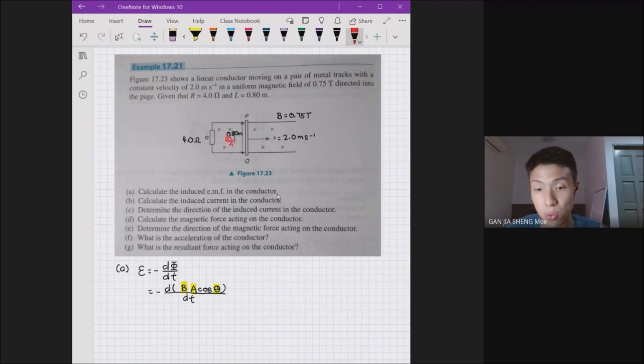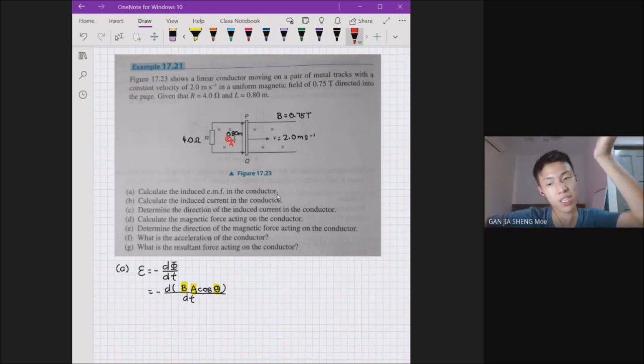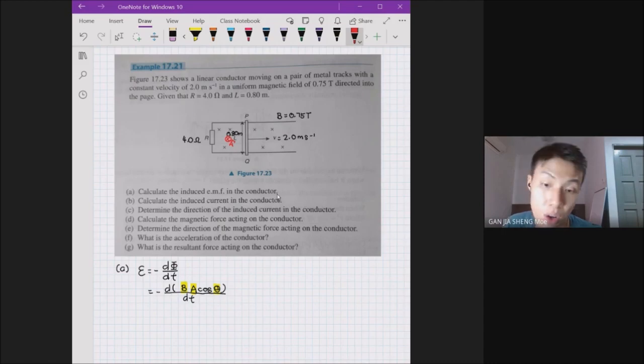This will not change because you're not changing the orientation of the metal tracks. You're not making the metal tracks rotate. If you're not changing the direction or the orientation of the tracks, then the magnetic field direction and the area vector direction should be constant.